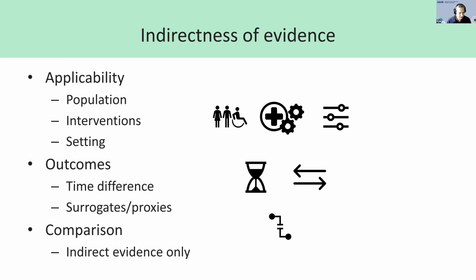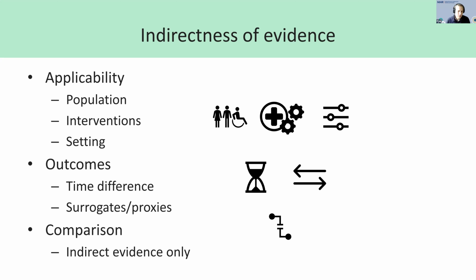And it might be that the outcomes that have been measured are really surrogates or proxies for an outcome of interest. So you might have looked at bone density instead of fractures, for example. So again, that would be a reason to downgrade if you were wanting to apply that result in terms of fractures, then you would want to downgrade there.